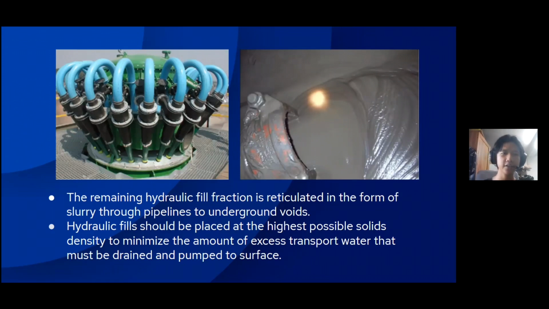As we can see, it's located in the high area because hydraulic fill should be placed at the highest possible solids density to minimize the amount of excess transport water that must be drained and pumped to surface. And there is the dewatering process.